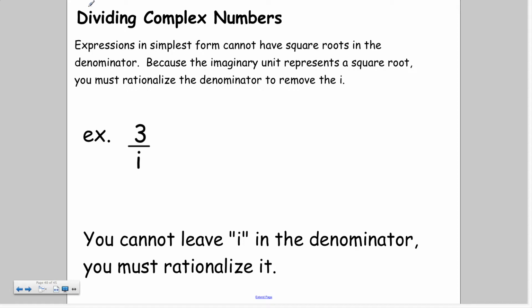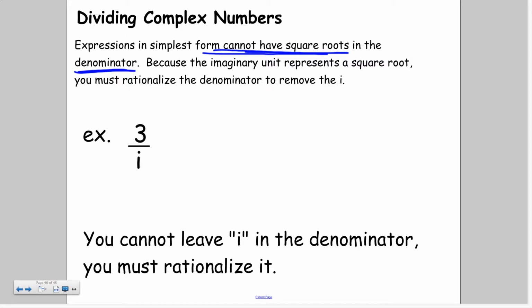So the thing that you need to know is it says expressions in simplest form cannot have square roots in the denominator. So we cannot have square roots in the denominator, all right? That's the first thing you need to know. So highlight it, mark it, something. No square roots in the denominator.